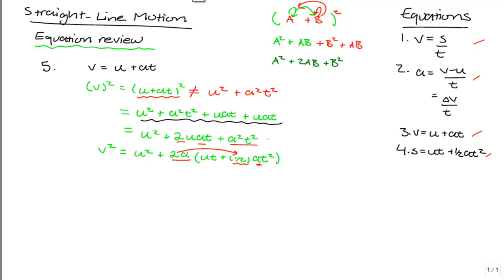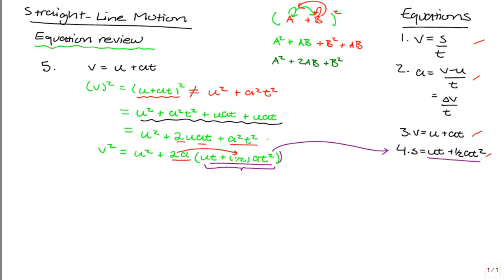Right? What I want you to notice is that in the brackets we have something that looks very similar to equation 4. s is equal to ut plus half at squared. Here we have ut plus half at squared. What this means is that we can replace everything inside of these brackets with s.